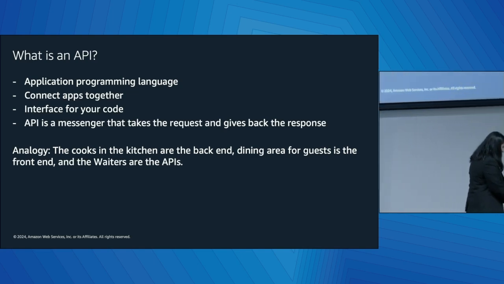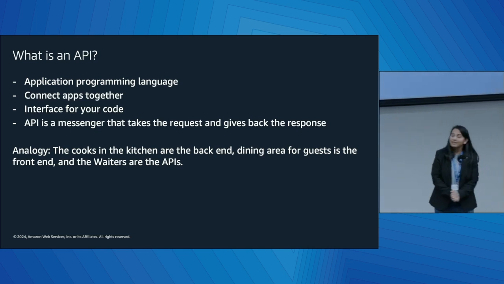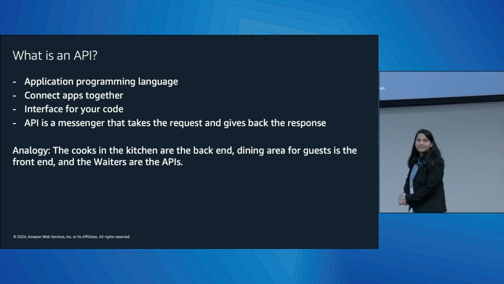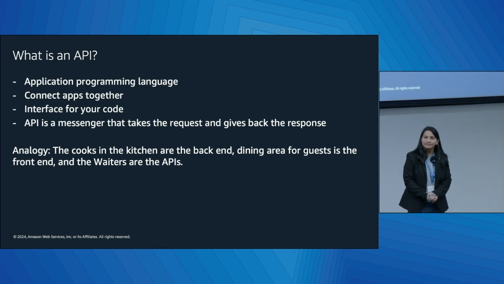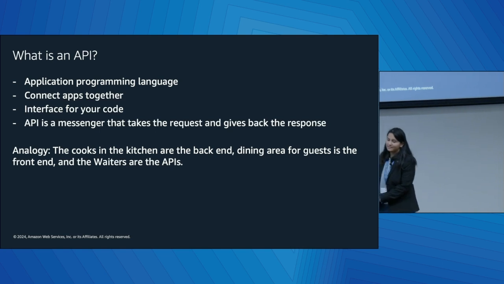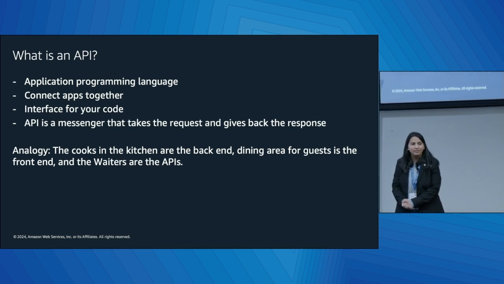So APIs, and okay, you have seen the slide, but does anybody want to say what it actually does? It connects the apps together, okay. What does it mean in the real world?